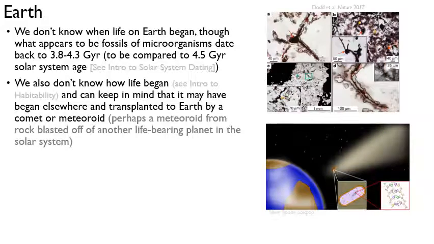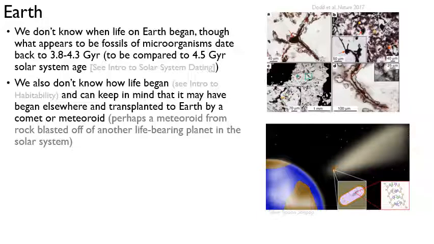We of course have no idea how life began. Talked about that in the Introduction to Habitability lecture a bit. But an interesting possibility is that regardless of how it began, it didn't necessarily have to begin on Earth to be transplanted to Earth, right? So in principle, another planet in the solar system or another body could have been more conducive to life.